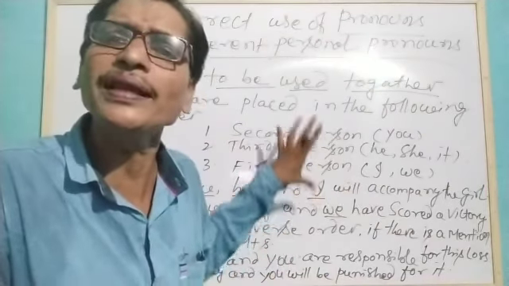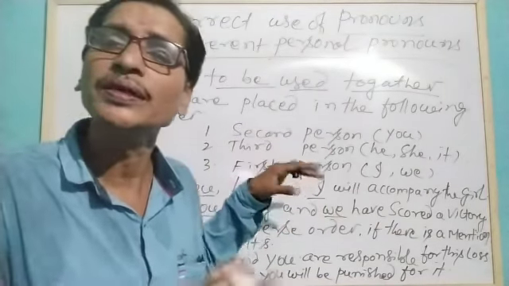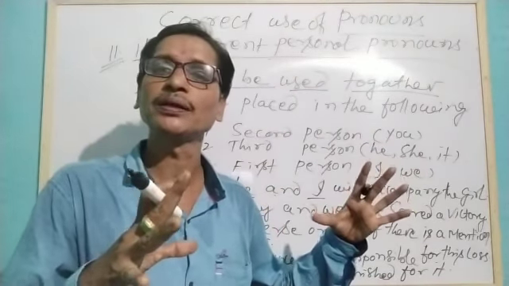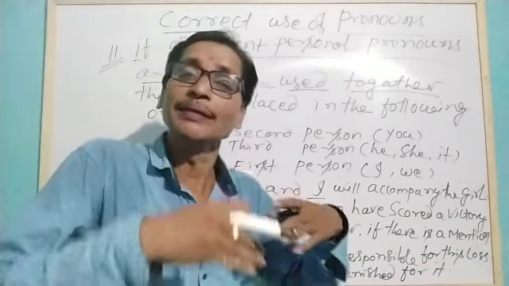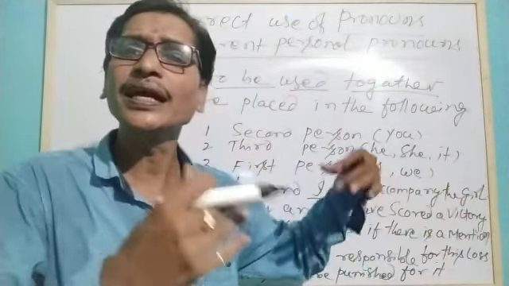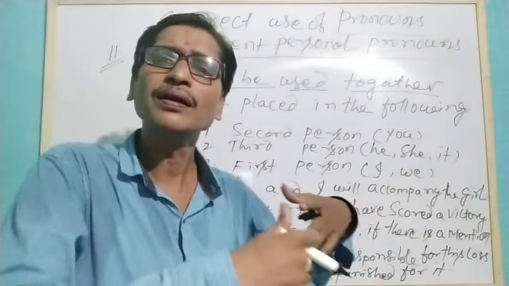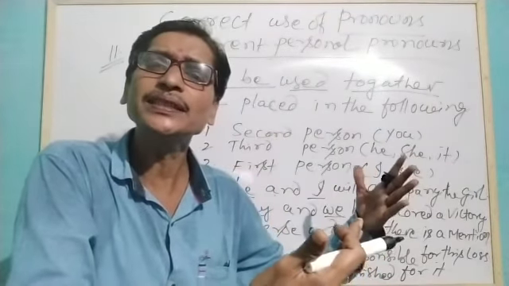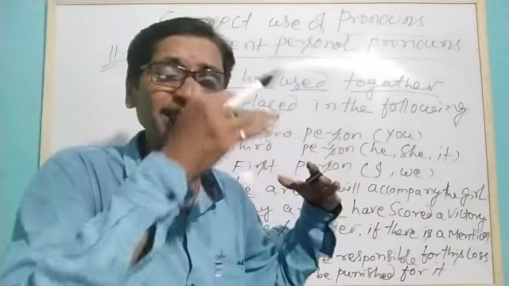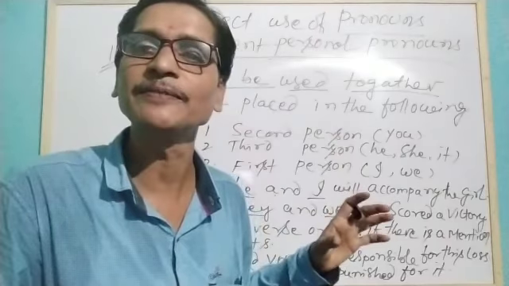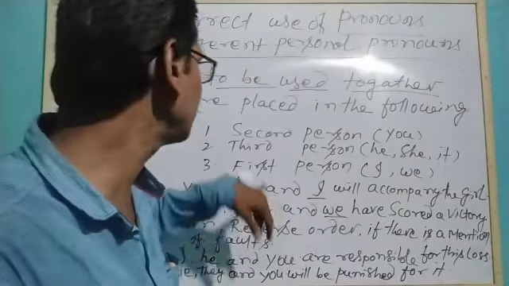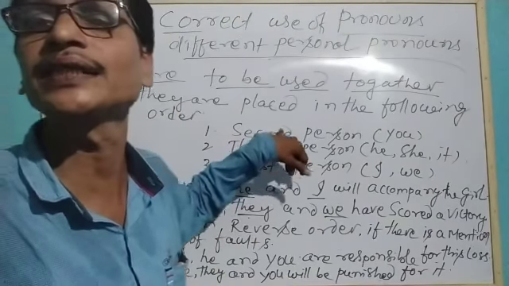This is the normal use of pronouns when several personal pronouns are used, but there are limitations. If the statement mentions some problem or negative thing, some abnormality, then we can use the reverse order. That means we will use first, third and second person.